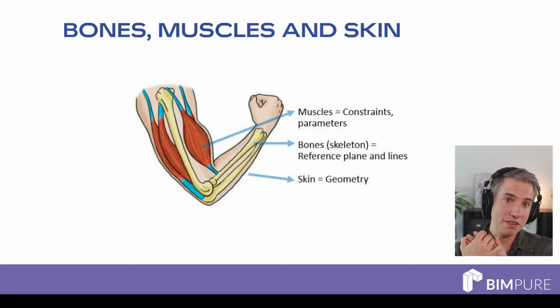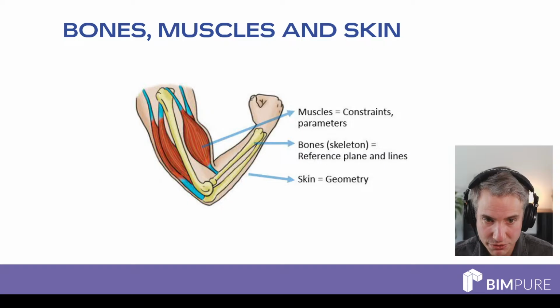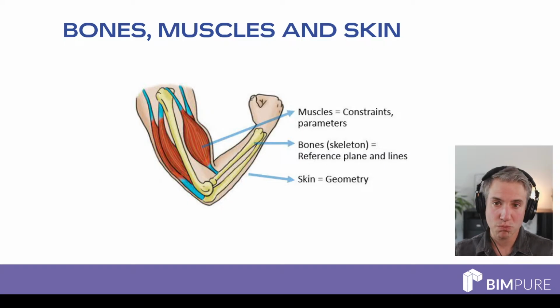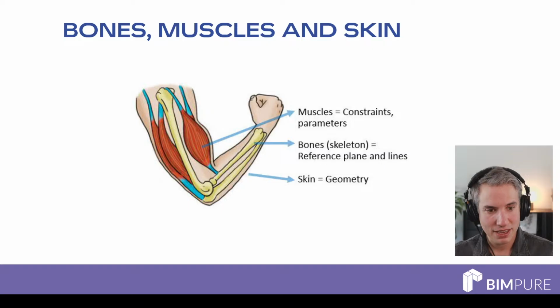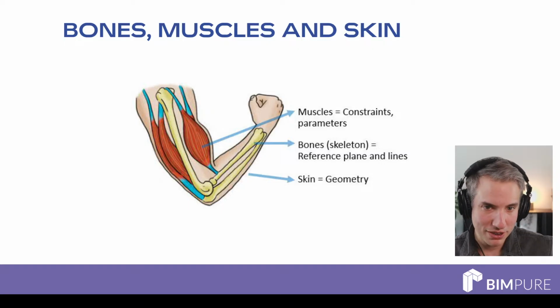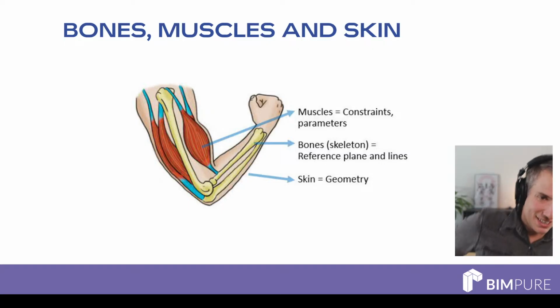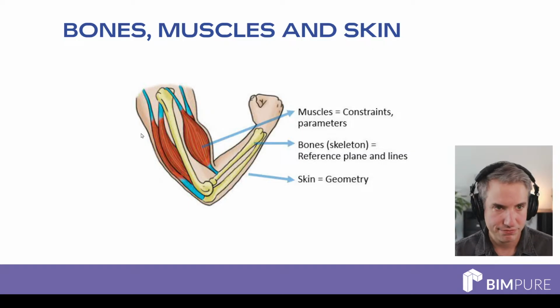Often with Revit families, people want to jump straight to the skin and model the geometry very quickly. What I found is that you need to take time to properly learn about good muscles and good bones, and then when it's ready, the skin can go on it. Most of the problems I see with family creators are that they go too fast to the skin.